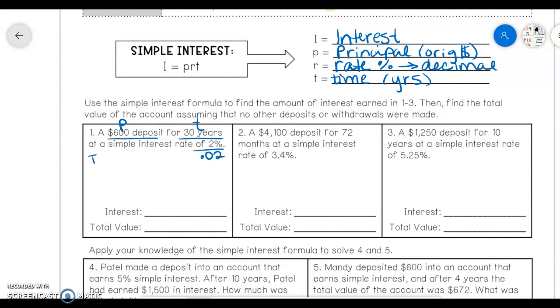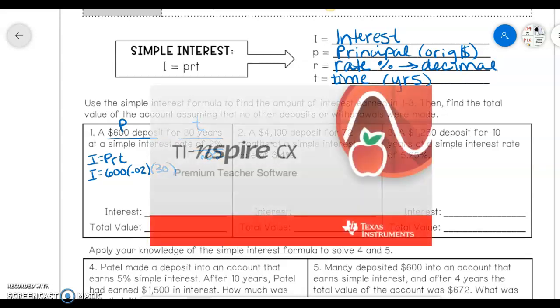When we plug this in, I equals PRT. So we're looking for our interest. We have 600 times 0.02 times 30. Now the other day I had you download the calculator either on your iPad or your tablet or your computer.